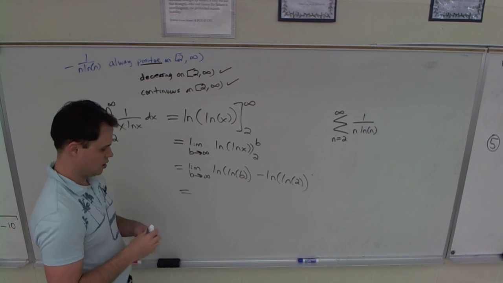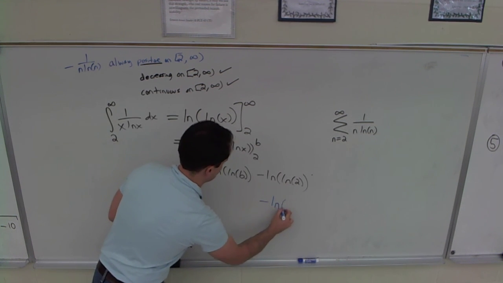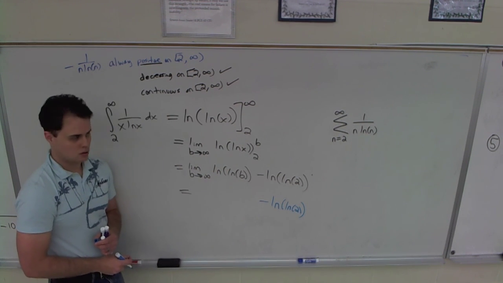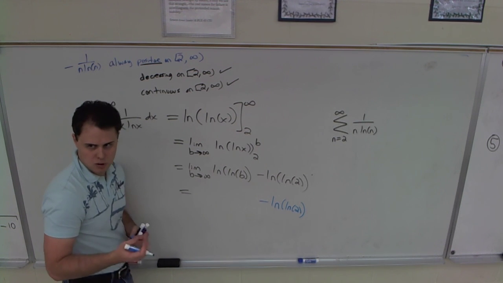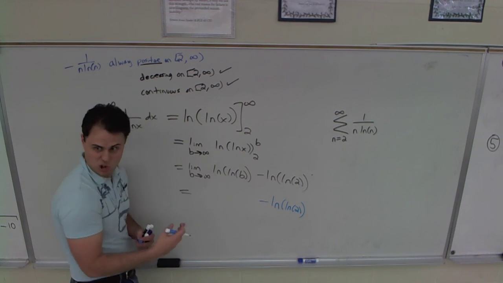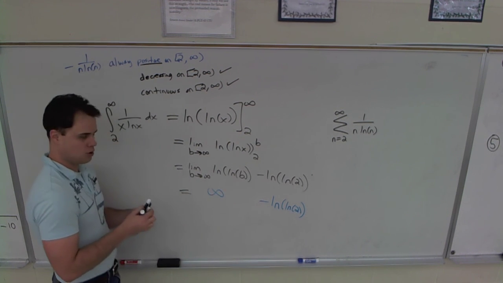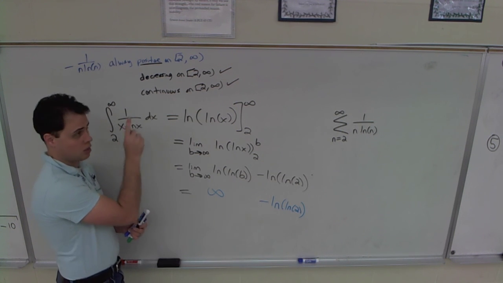As b goes to infinity, that guy's irrelevant, so it stays there. If you put infinity into that, eventually you get infinity slowly. That makes it even slower, but eventually you're going to still get to infinity. So conclusion, that diverges.